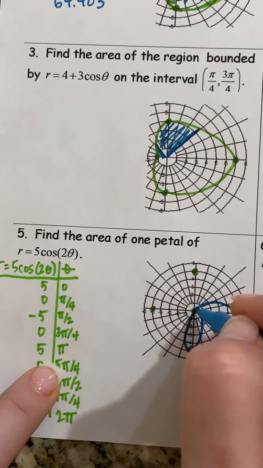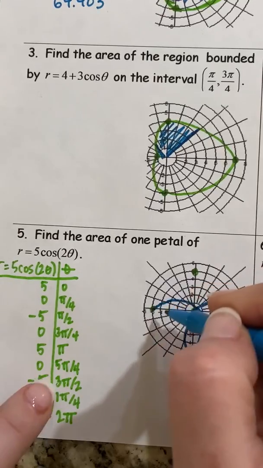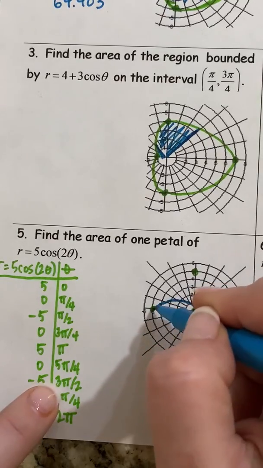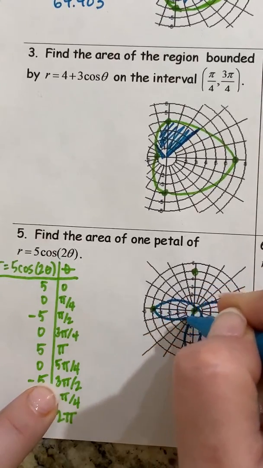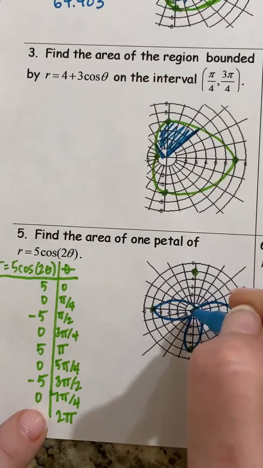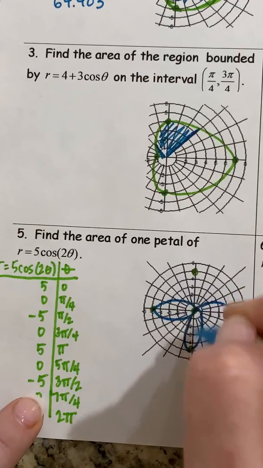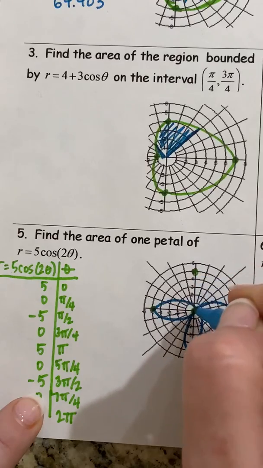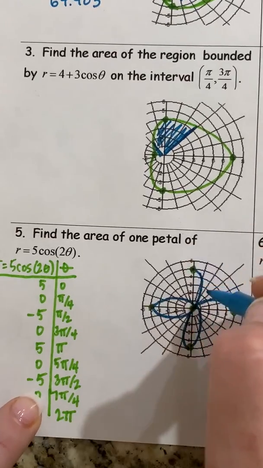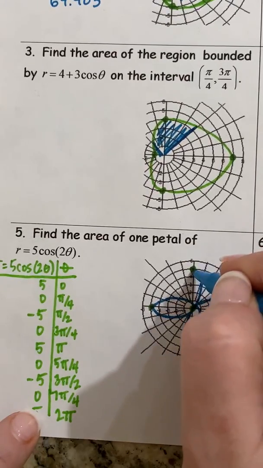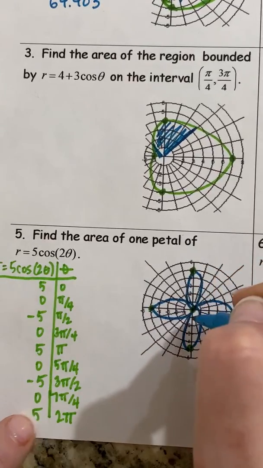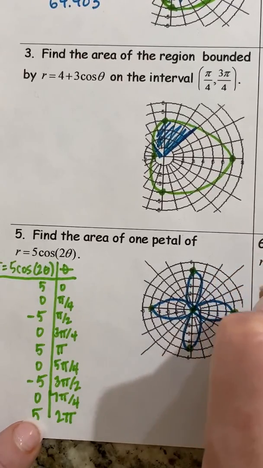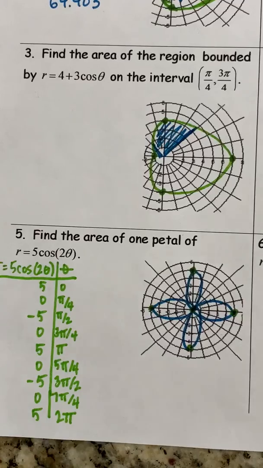At pi, it's out to 5, then back to 0. Then at 3 pi over 2, it's going to negative 5, so it's going backwards. Then back to 0. And then 2 pi is back to 5.